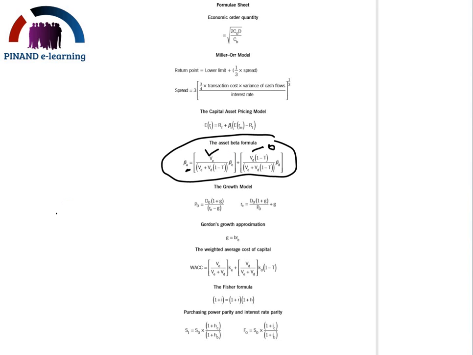So I can write this as BA equals VE all over VE plus VD(1 minus T), where T is the tax rate, times the equity beta. So we are saying the whole of this part, we are representing it as 0, and we'll only use the first bracket.